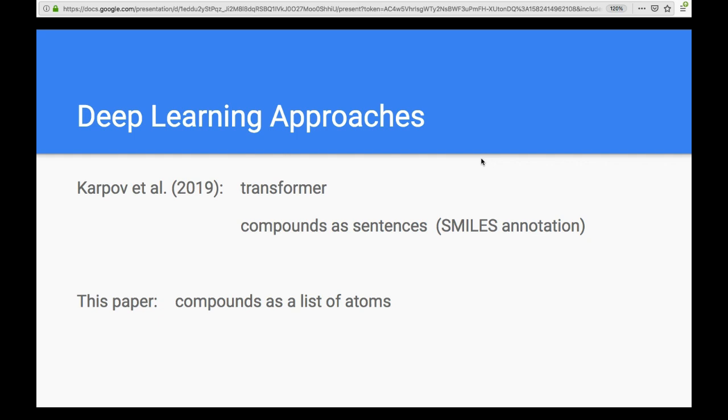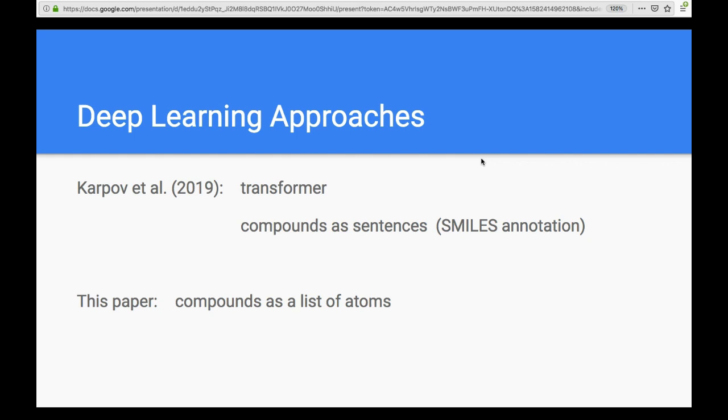Okay, so now I'm going to introduce a little bit the transformer way to perform this task. Last year, 2019, Karpov and colleagues used a transformer architecture to do molecule property prediction. How they do that is they basically write the compounds as a sentence, using SMILES notation.